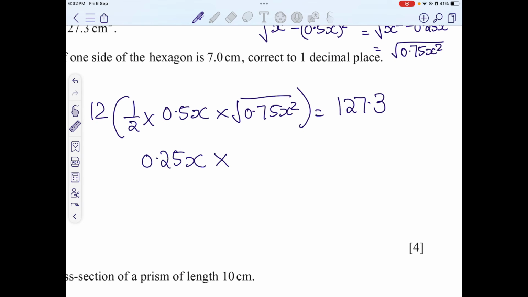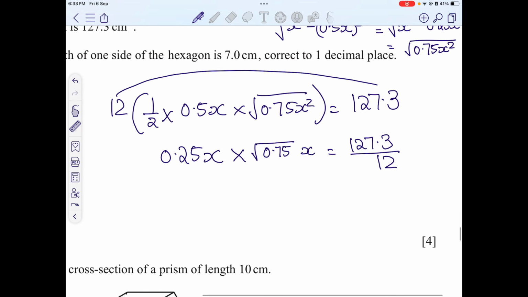So when I multiply both of these terms, I would get x into, now remember that 0.75 x squared can be separated into root 0.75 and root x squared, and when I find the square root of x squared, it's simply x. So 0.25 into root of 0.75 x squared equals 127.3 divided by 12. 12 coming from this side, it goes down in division.